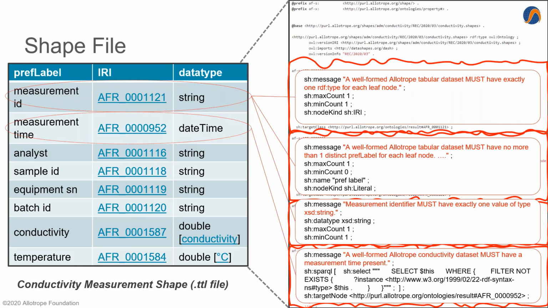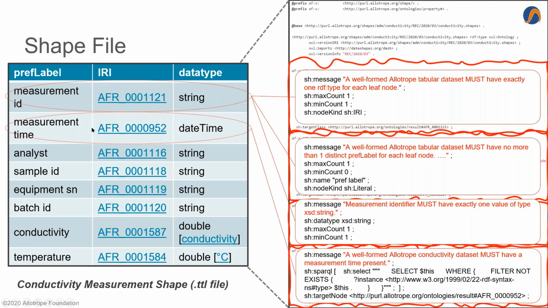For example, the measurement ID, we can see that the measurement ID must have exactly one value of type string. Again, the maximum cardinality of 1, minimum cardinality of 1, which means exactly 1. Or the pref label. The pref label, the maximum cardinality is 1, the minimum cardinality is 0, which means we can avoid a pref label, a preferred label, if we want.